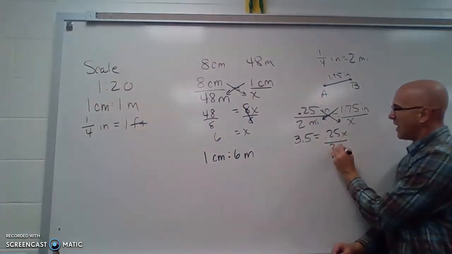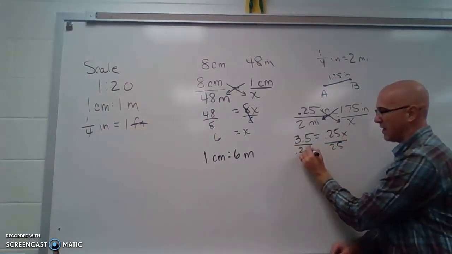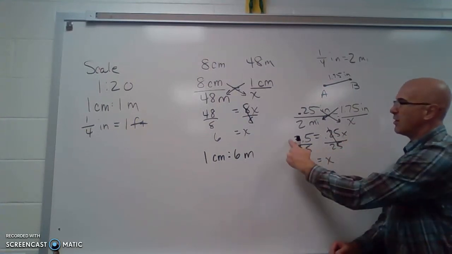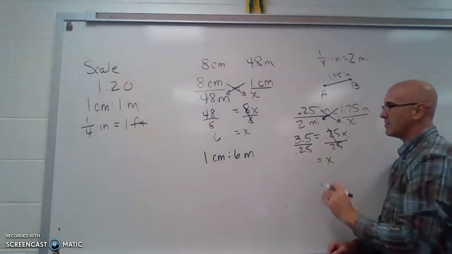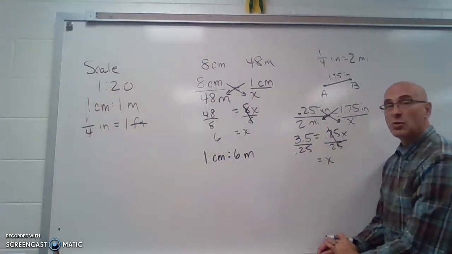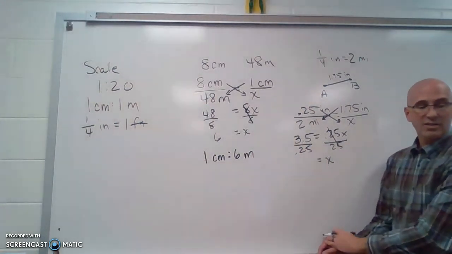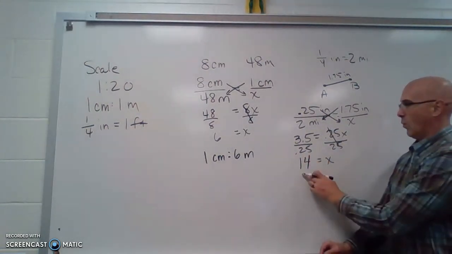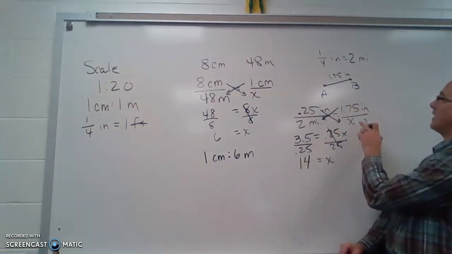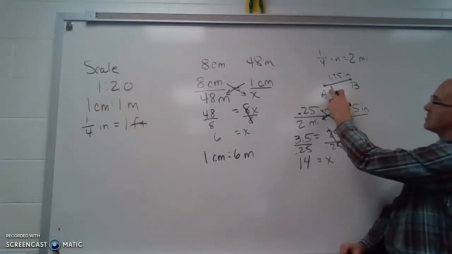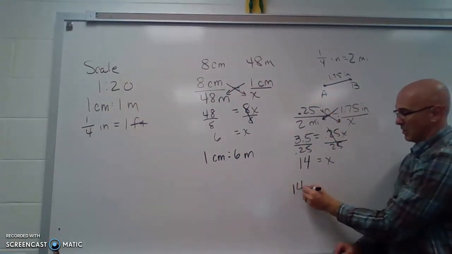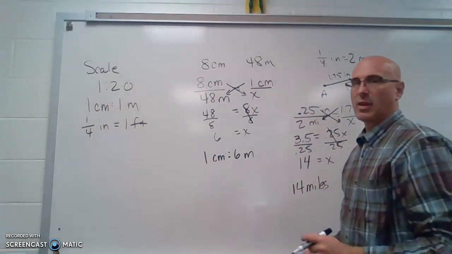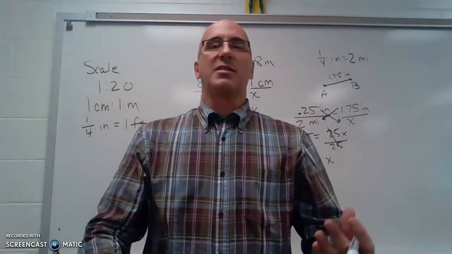Now I'm going to divide both sides by 0.25. I'm left with x over here. 3.5 divided by 0.25 is 14. So what is that 14? That is the distance in miles between those 2 cities. So 14 miles. So now we will go and practice scales.